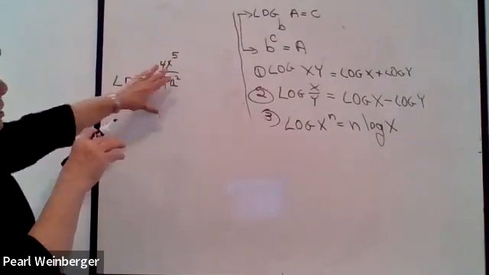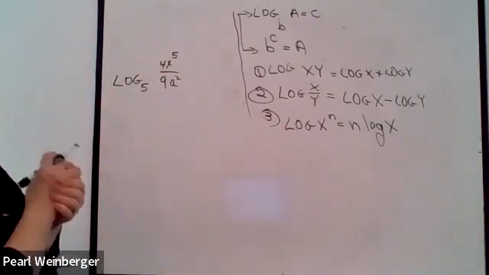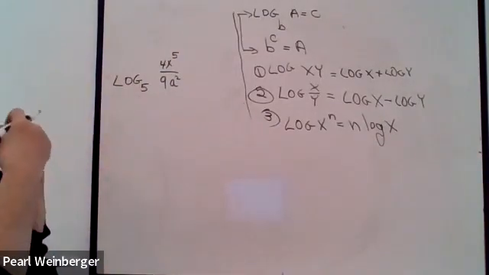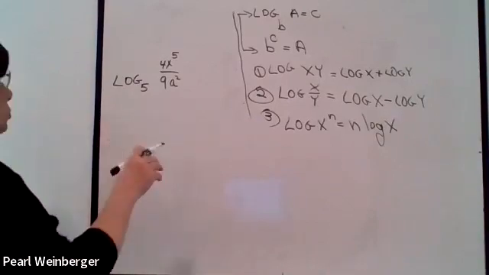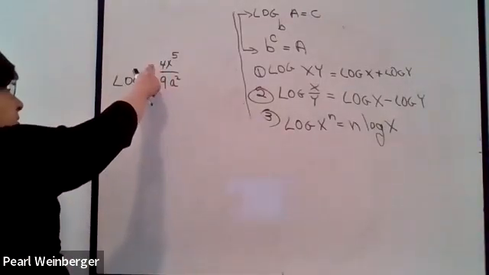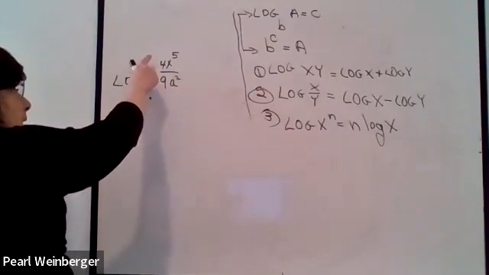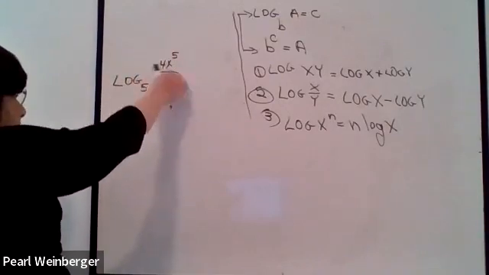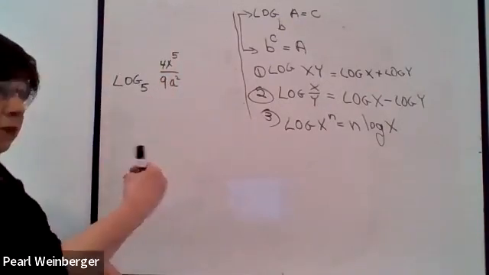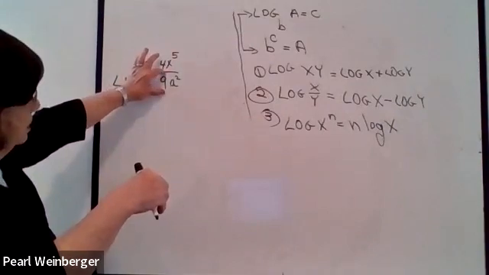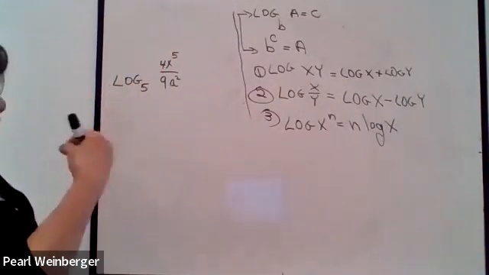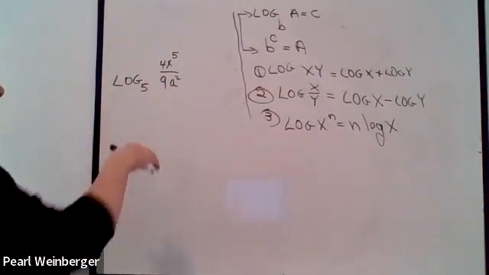So the first thing I deal with is just the multiplications and divisions. And then afterwards, I'll go back and deal with the exponents. Anything in the numerator is going to become positive. Anything that's in the denominator is going to become negative, because it is being divided by.